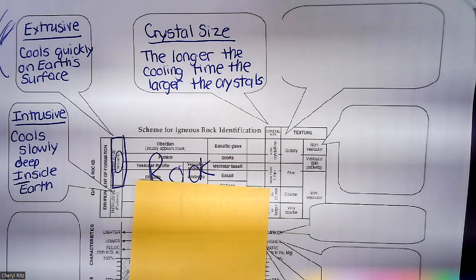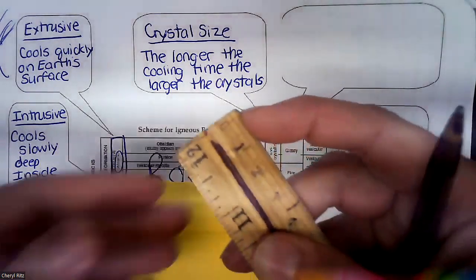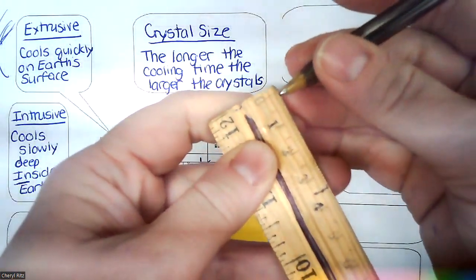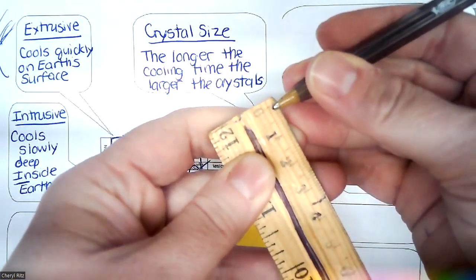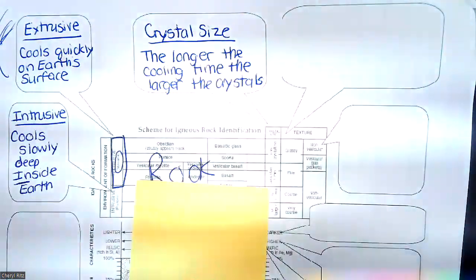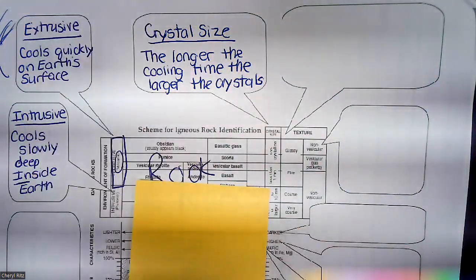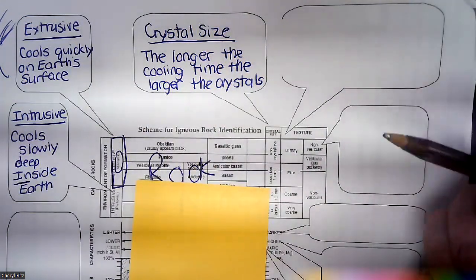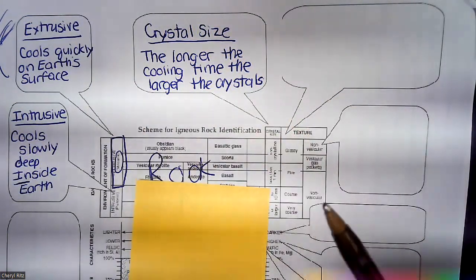From my fingertip to the top of the ruler is 1 millimeter. You should see that a millimeter is about how fat the tip of your pencil is. So it's not really big. So your tip of your pen is about a millimeter, give or take a little bit. So if that's a millimeter, and it's less than that, it's a tiny crystal.